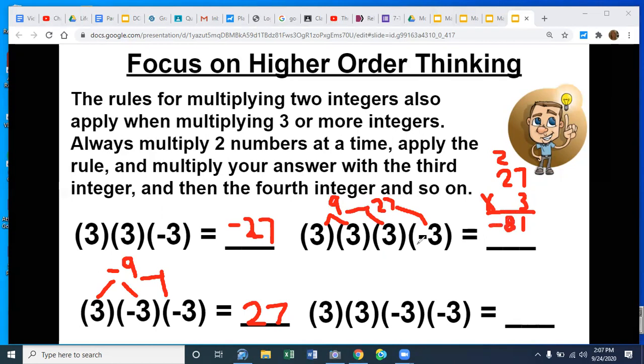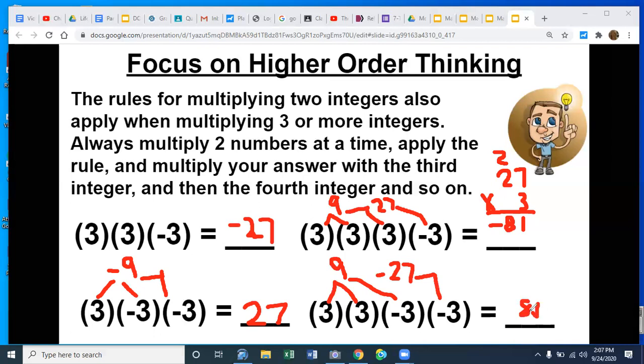So negative 81. And the one on the bottom here, 3 times 3 is positive 9. And we're going to multiply that by negative 3. That will give us negative 27 because we have a positive and a negative. And we're going to multiply negative 27 times negative 3. 2 negatives will give a positive 81.